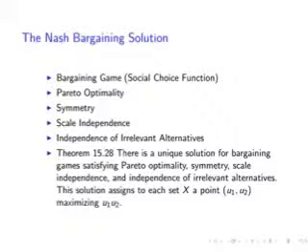The point D specifies the utility of each player for the disagreement outcome. As adding or subtracting a value to the utility of an individual does not change her relative preferences, we assume without loss of generality that D is equal to (0, 0). And furthermore, we assume that the set X is convex and compact.